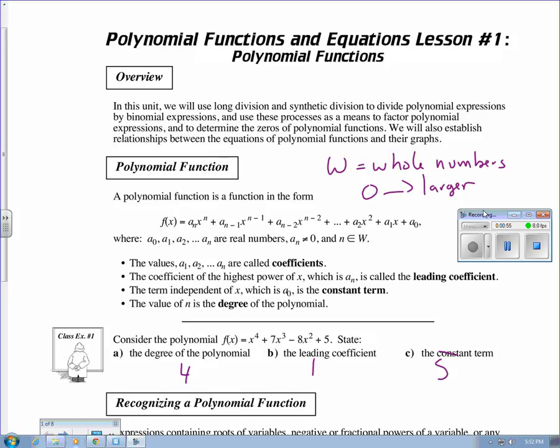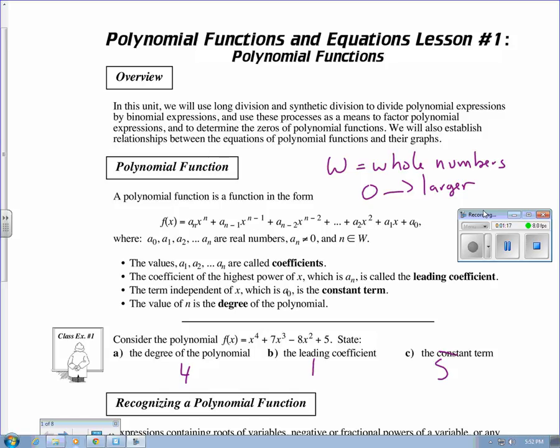So that's going to be the an value. The term that doesn't have an x on it is called the a naught value, and that's referred to as the constant term. And the degree of the polynomial is the highest exponent we find. Our exponents must be whole numbers, 0 and larger, to qualify as polynomials.